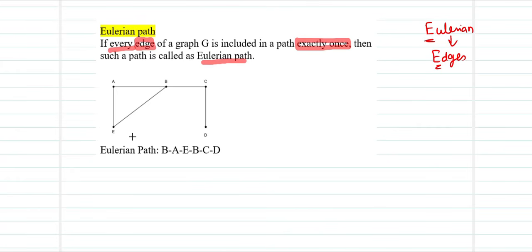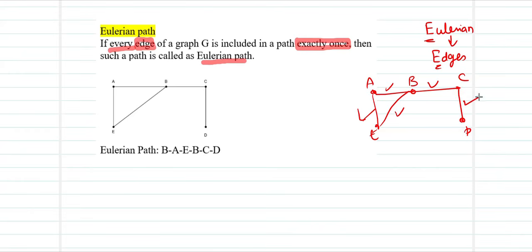Now we can see from the given diagram, I start with B. I move to A and I cover this edge. I move to E and I cover this edge. I move back to B, I cover this edge. I move to C, I cover this edge. And I move to D and I cover this edge.